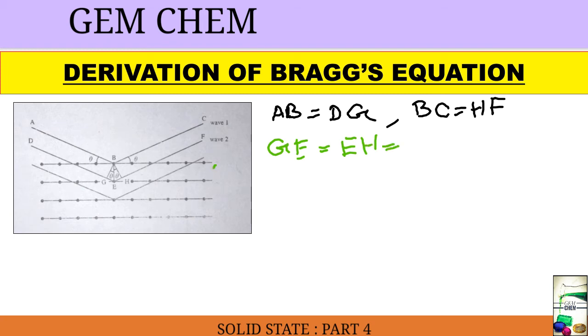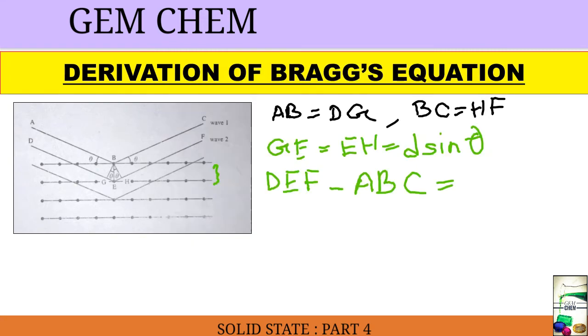Here d is this distance, so d sine theta. Now, what is the extra distance traveled by wave 2? It is given by DEF minus ABC.